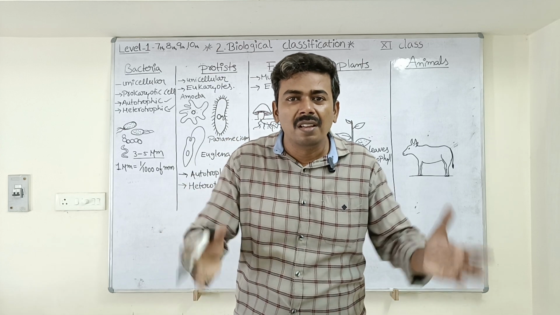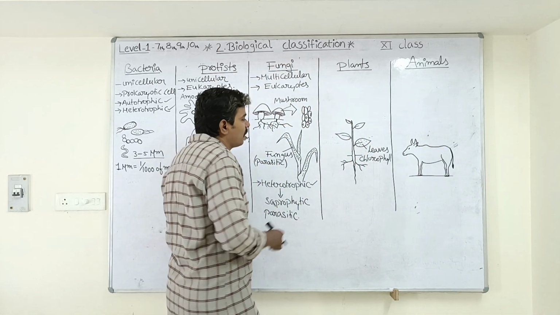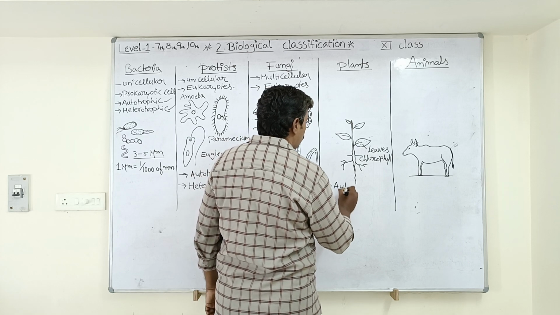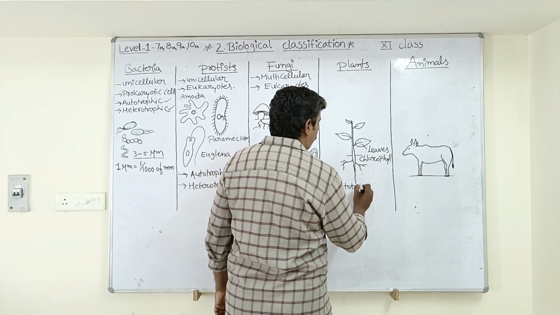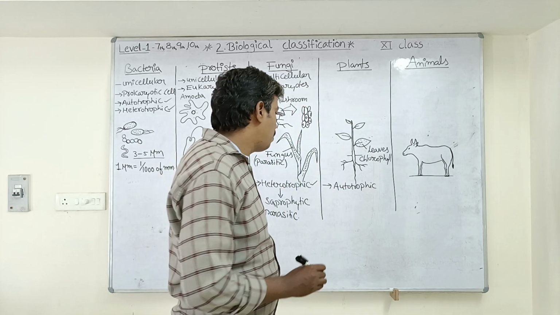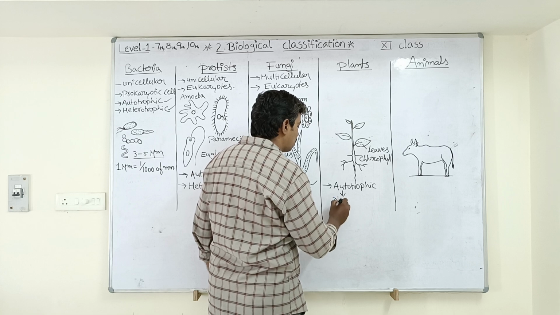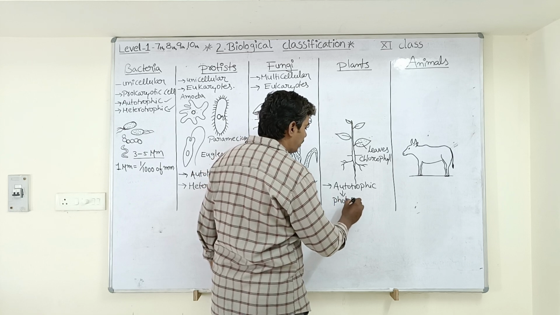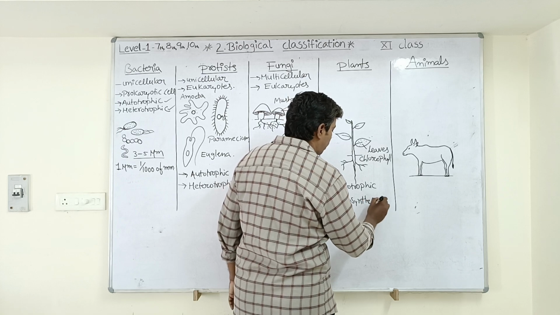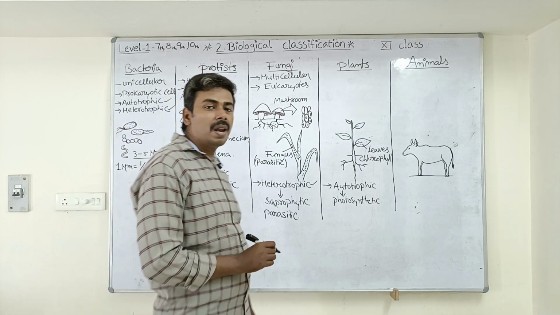What is that process called? Come on, tell me. Photosynthesis. So the green plants show autotrophic nutrition. By which process do they prepare their own food? Photosynthesis. That's why photosynthetic autotrophic nutrition is seen in green plants.